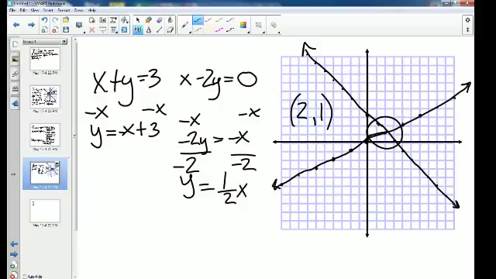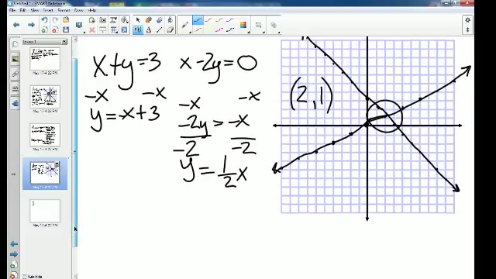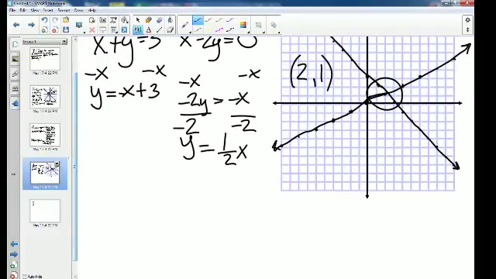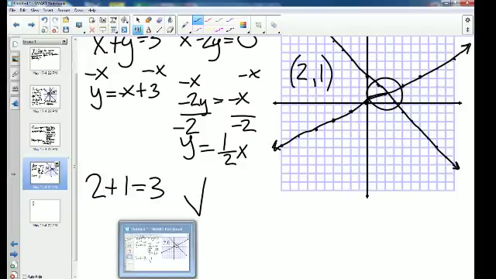Once you get the intersection, you have to plug that into the system to see if it works. If we plug 2 and 1 into x plus y equals 3, we get 2 plus 1 equals 3, which is true. So that one works.